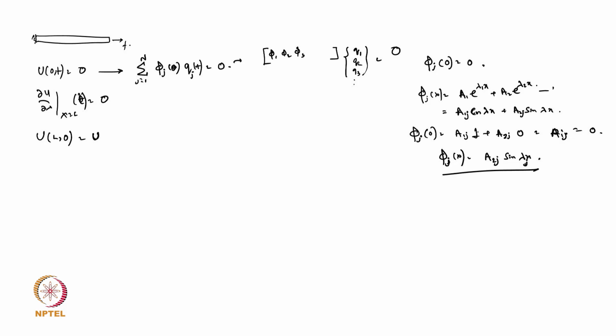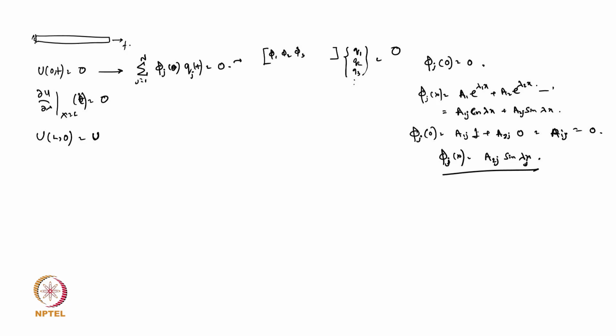So all of your shape functions will be sine lambda x, then sine 2 lambda x, 3 lambda x, like this way it will come. Got that point? And why is it sine? If you put x equal to 0, it will eventually become 0, there is no doubt.